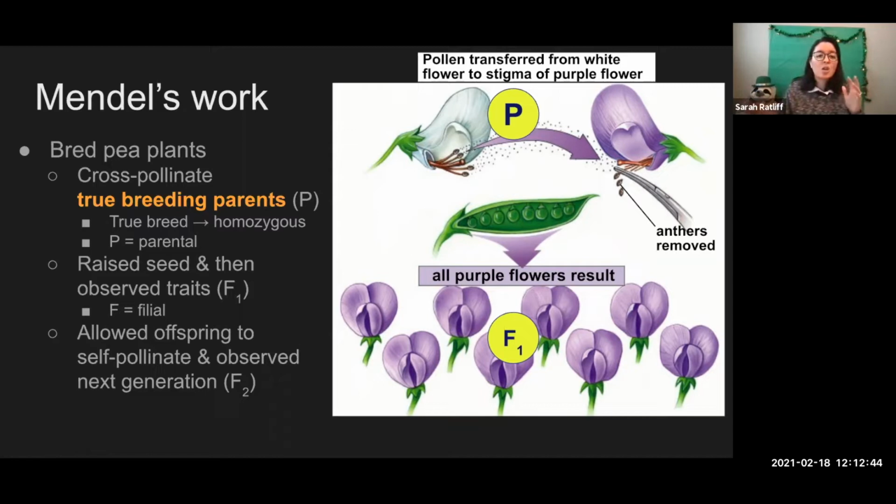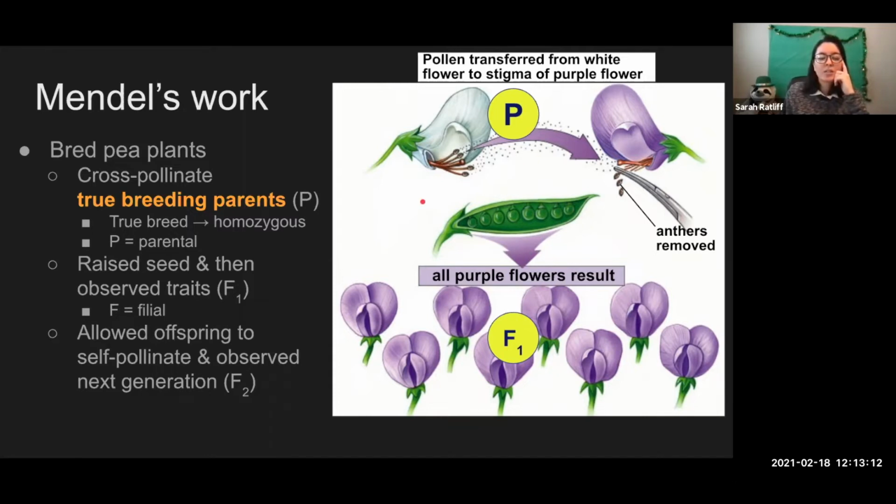Granted, he didn't know about genotypes just yet, but through lots and lots of experimenting with how to pollinate and create all of these subsequent generations, he was able to pick and create these true breeding or homozygous plants. He raised them, again, many generations. They have a relatively short lifespan and gestation period.